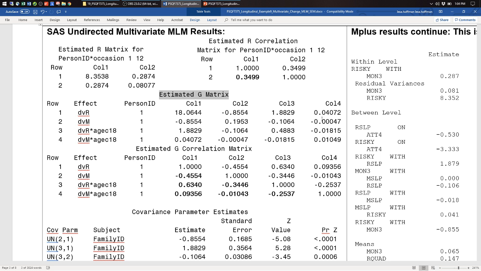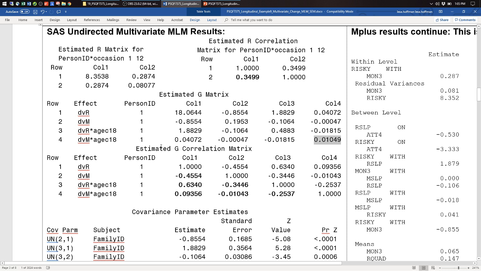In their intercepts, which is their predicted outcome at age 18, and in the linear age slopes that got them there. So we have, on the diagonal, the random intercept variance for DVR, that's risky, random intercept variance for DVM, random age slope variance for R, random age slope variance for M.